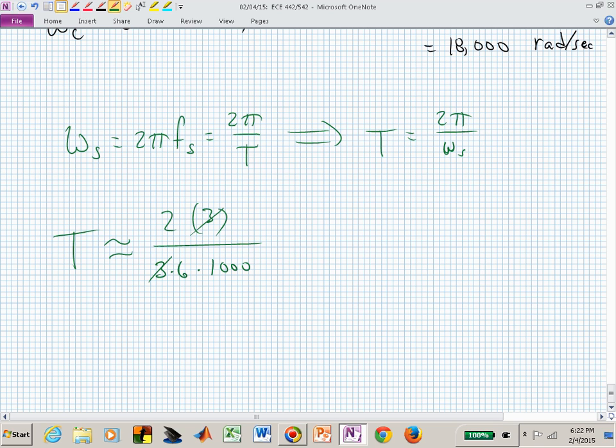Those 3's cancel, and now I have 1/3. Or I have a sample period, capital T, of 0.000333.